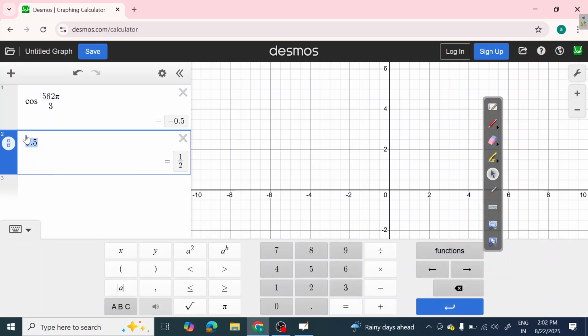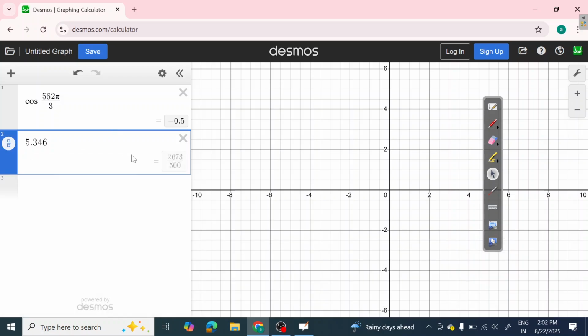You don't even have to do that, because it is very clear that 0.5 is nothing but 1 over 2, but I'm explaining in case you get any other value, let's say 5.3745, and you have to convert it into a fraction. Click on it and you get your answer in fractions. This is how you can directly convert decimals into fractions and fractions into decimals. Okay, so I hope it is clear.